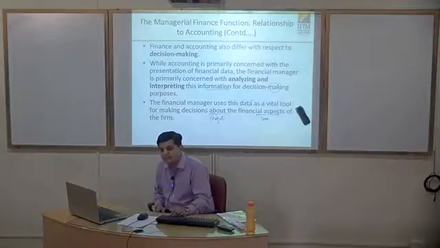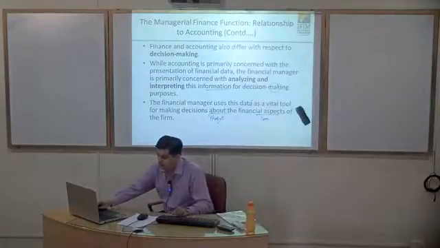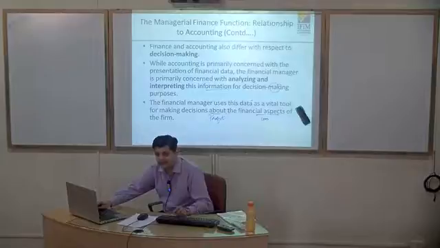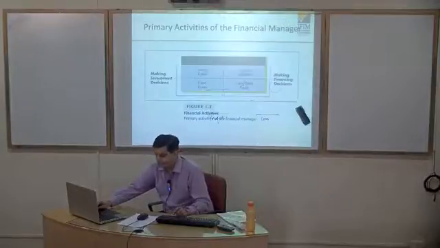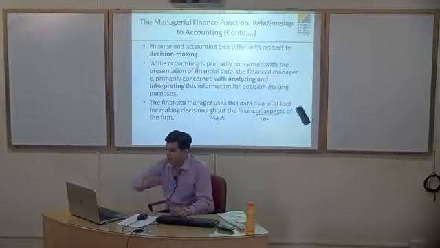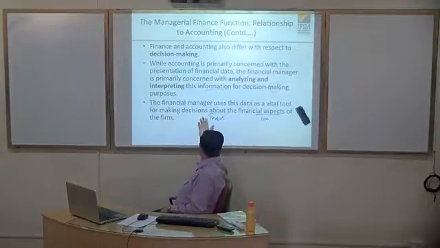He does those kinds of interpretations and then takes the right decision to use the money in the company in the right way. The financial manager uses this data as a vital tool for making decisions about the financial aspects of the firm that we discussed.